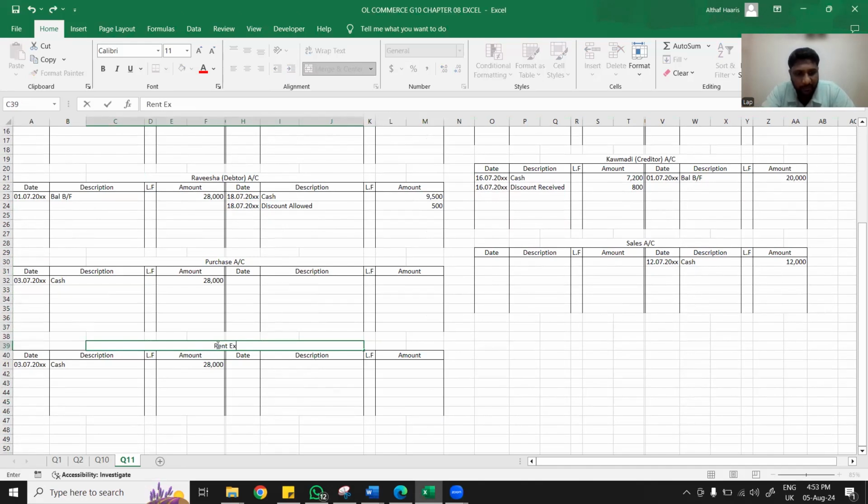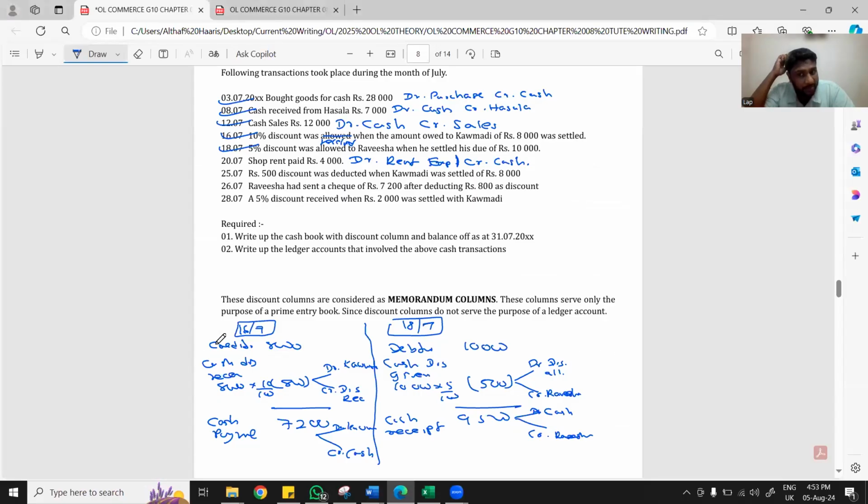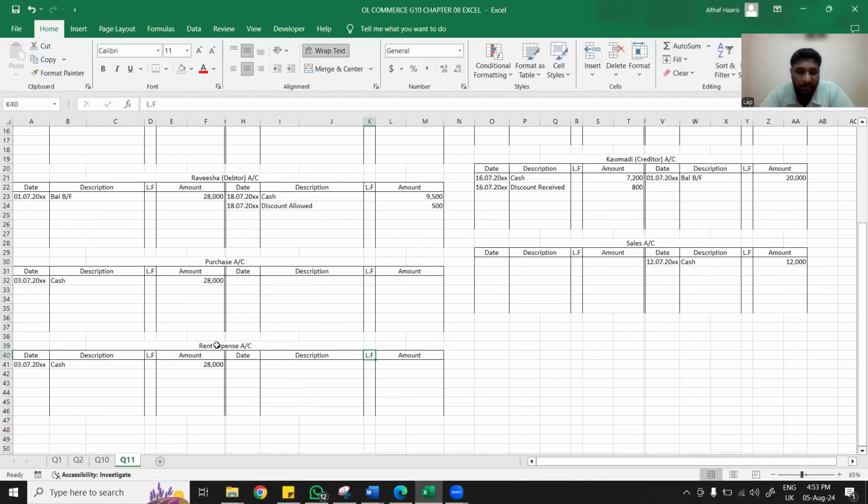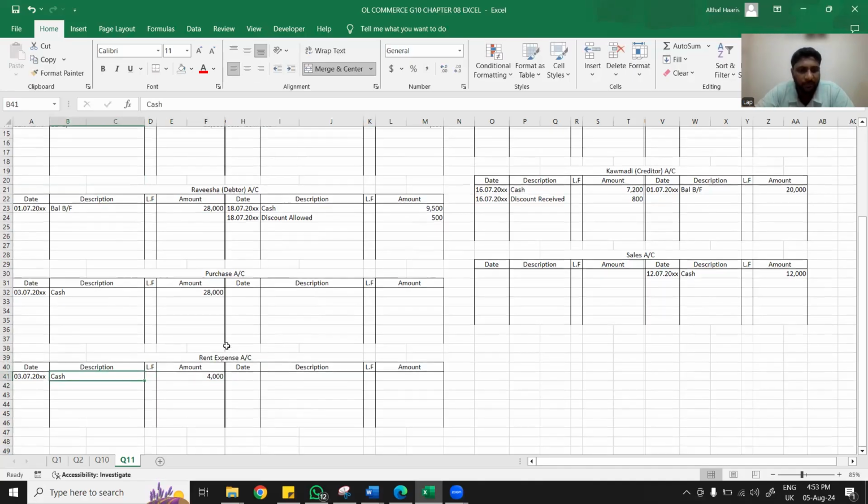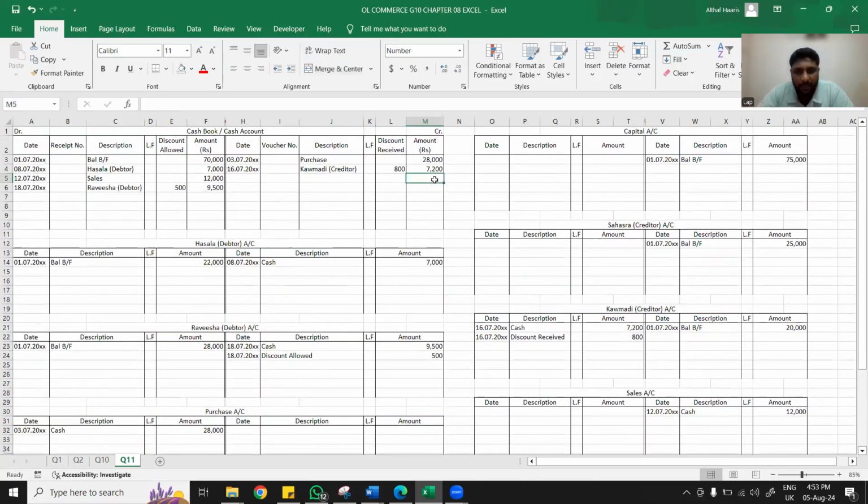Rent expense account. How much is that? 4,000. Cash 4,000. Rent.